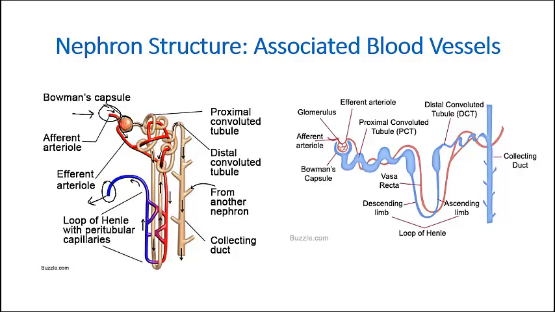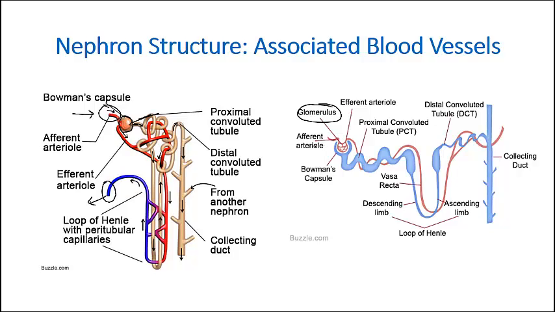This Bowman's capsule has inside it a bunch of arterioles tucked in, known as the glomerulus. Okay, so that is how blood ultimately reaches a capillary bed, the glomerulus. This glomerulus is a very, very important arterial structure through which the blood is transferred. Okay.